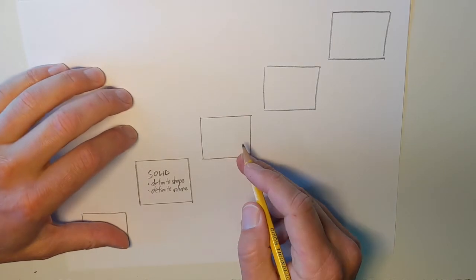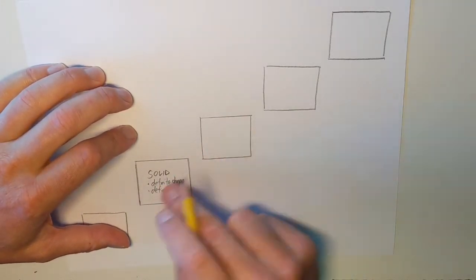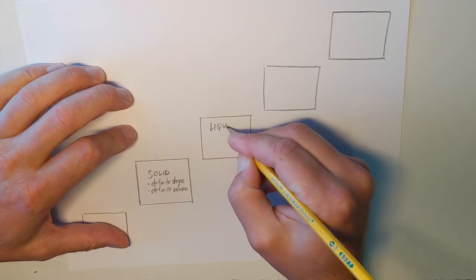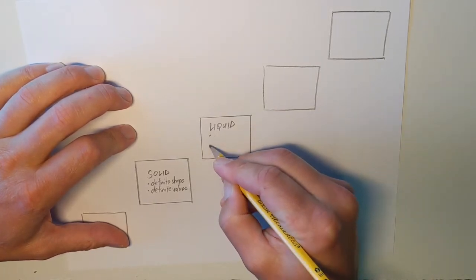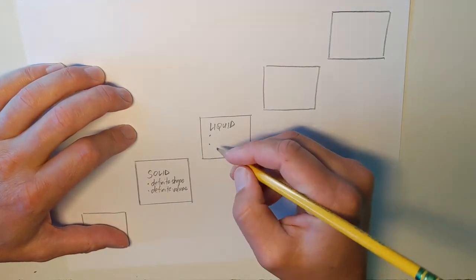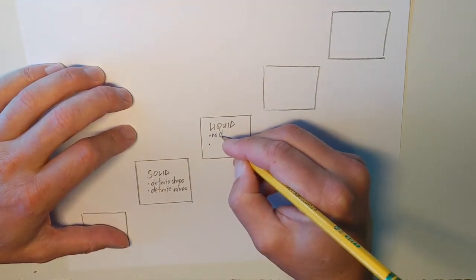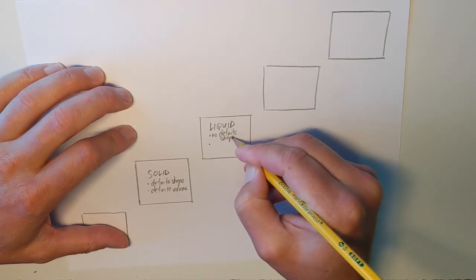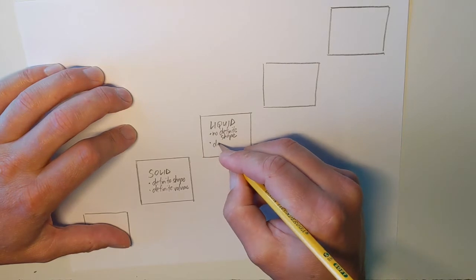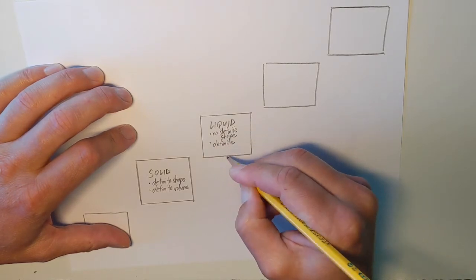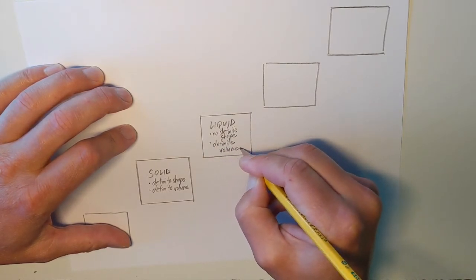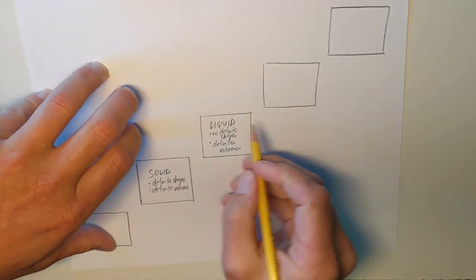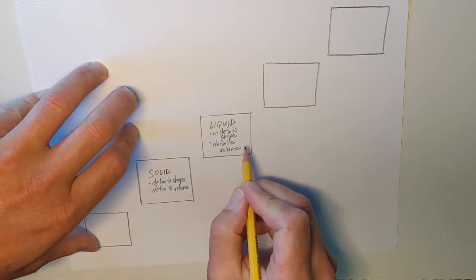Now, the next phase of matter, as we go up the staircase here, is going to be liquid. So let's write liquid up at the top, and then think about a definition. A liquid has no definite shape, but it has a definite volume.